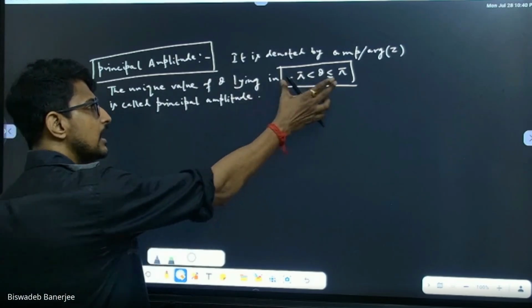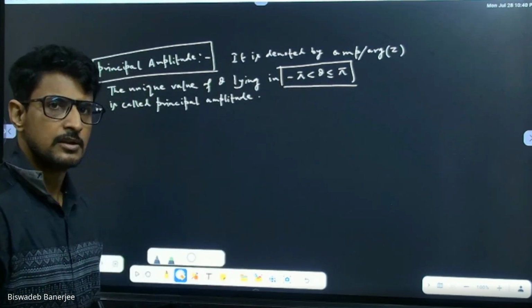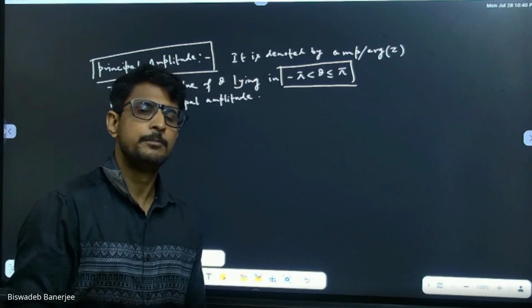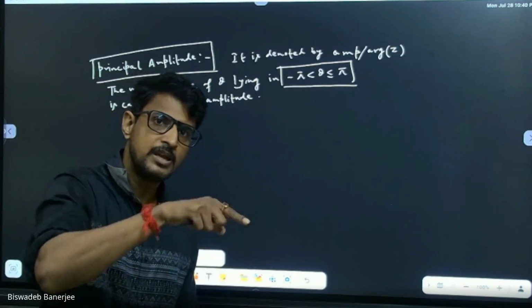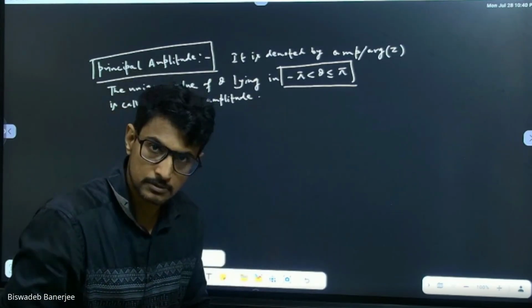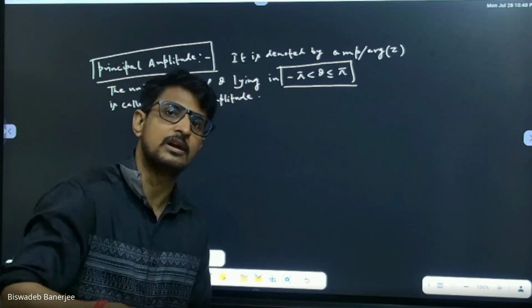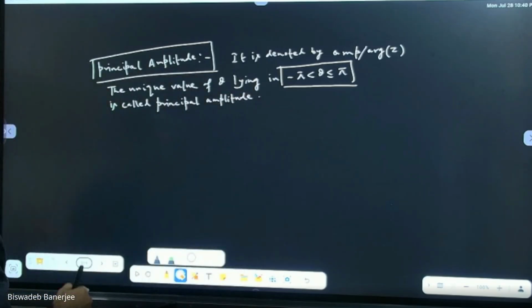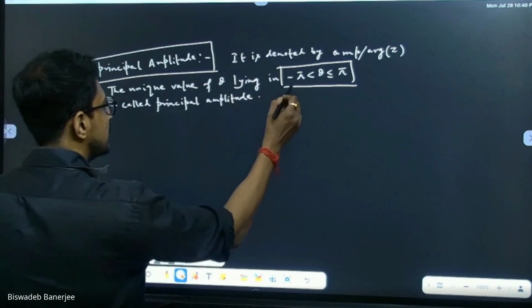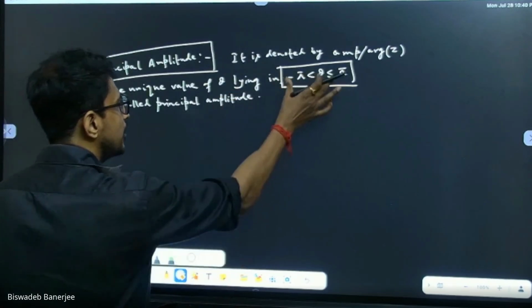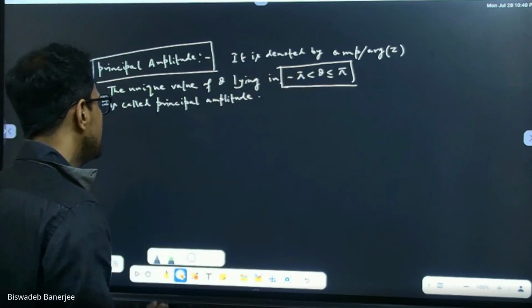And it must lie between minus pi and plus pi. Why minus pi and plus pi? Because between minus pi and plus pi, the length is 2 pi, and 2 pi is the length of a complete circle. That is why we take that value of theta which lies between minus pi and plus pi.